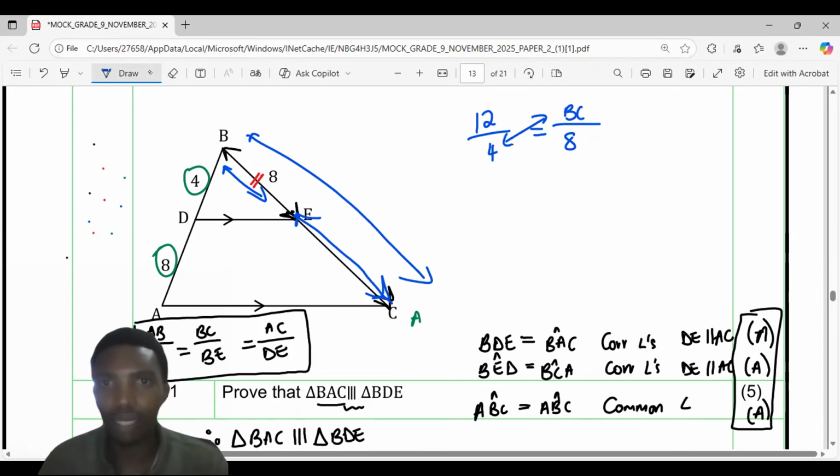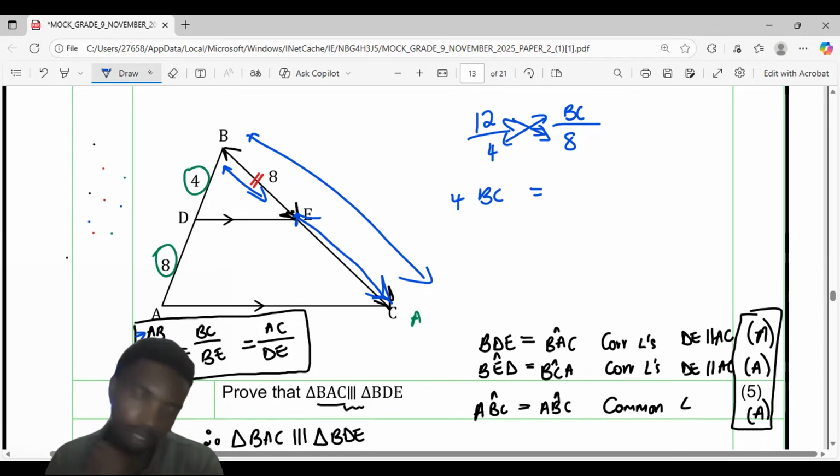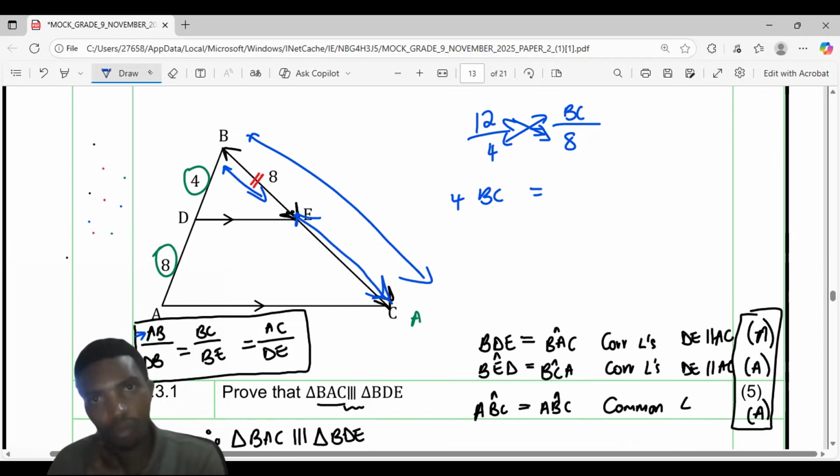So we cross multiply. 4 times BC is 4BC, equals 12 times 8. How much is that quickly? 96. Then you divide both sides by 4. Then how much is BC?